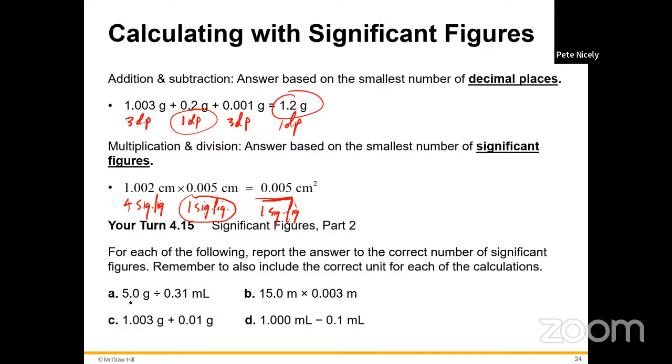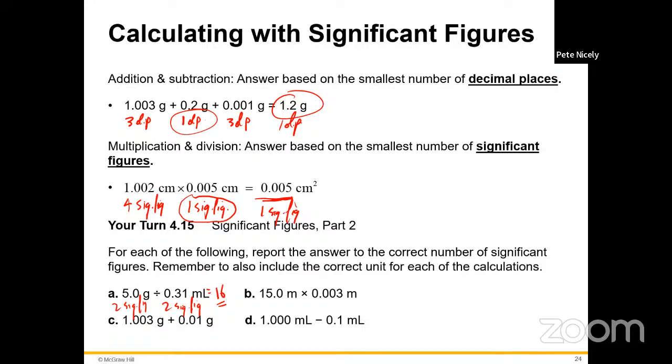So how many sig figs do we have represented here? 2 sig figs, right? And how many sig figs do we have represented here? 2 sig figs. So that means that we have to round off our final answer to 2 sig figs, which means that in this case, we need to round off to 16. All right, and that's it.